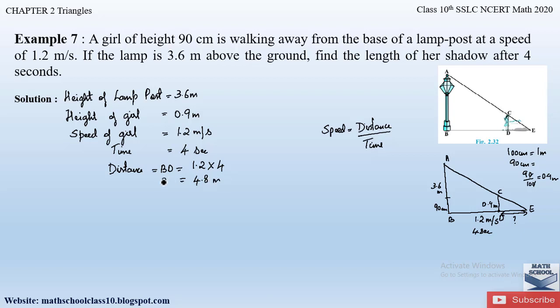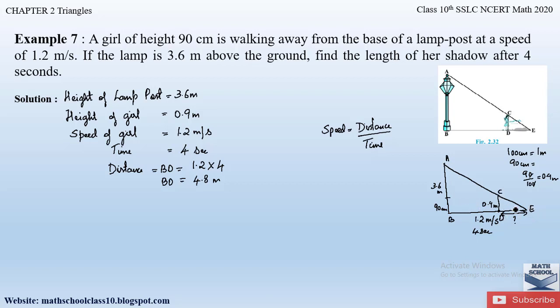That is the BD value. So we know the side AB, we know BD, and we know the CD value. So we have to find out this value of DE. How do we find the value of DE? We will use the similarity criteria and prove that triangle ABE is similar to triangle CDE.